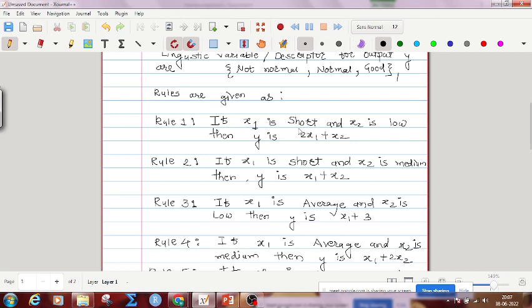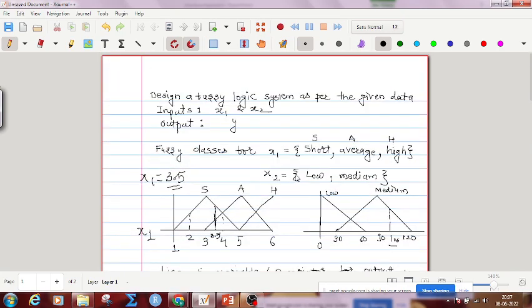Now x1, where does that x1 come? See, this part is very important for Mamdani as well as Sugeno. That value 3.5 comes under short as well as average. So we should consider the rules which consider short as well as average. Now for the other input x2, it comes under the medium.